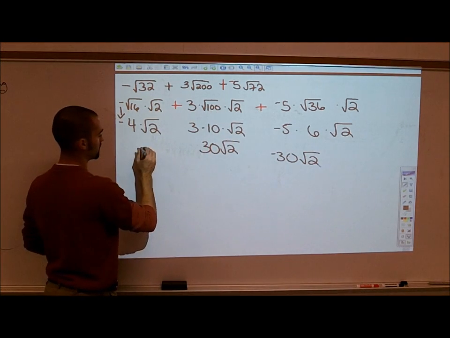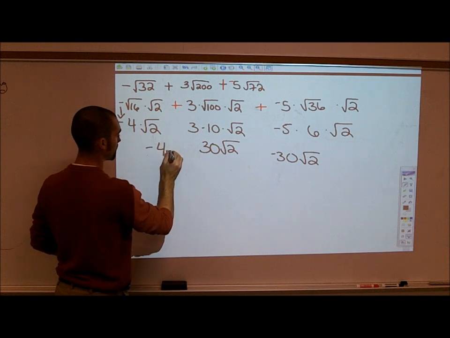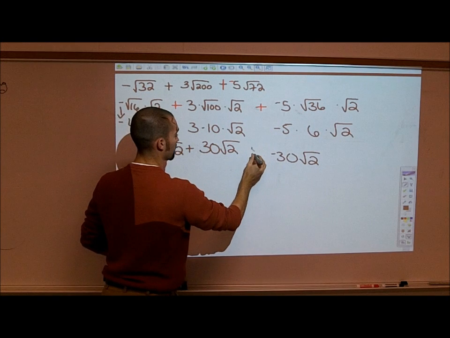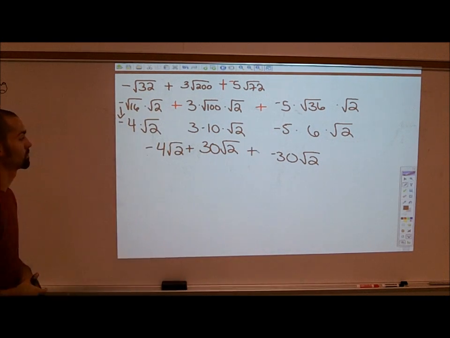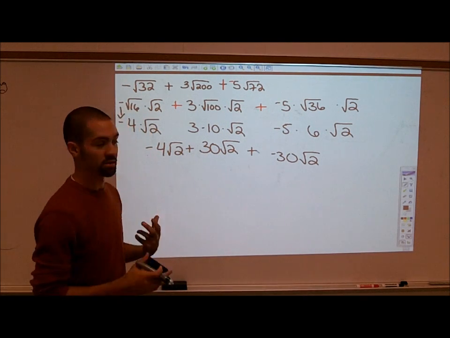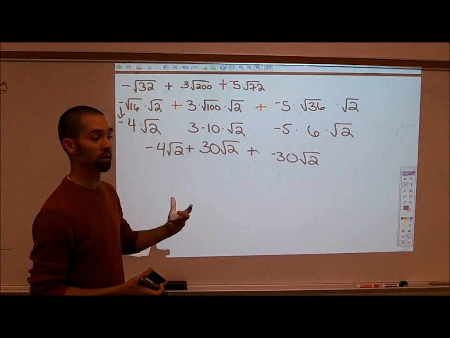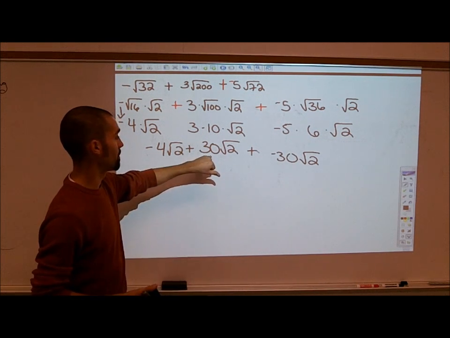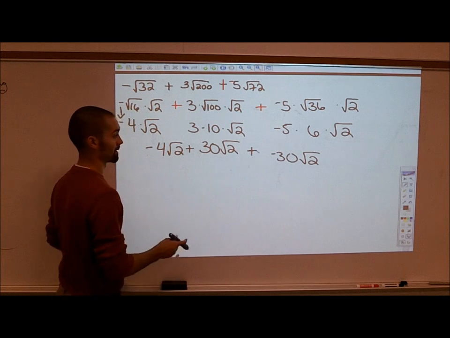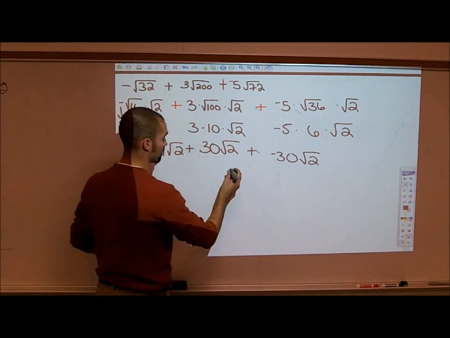So, in the end, plus here, plus there. Okay? What's great about addition is the commutative property. Doesn't matter which way you order when they're all addition. Well, if I have a positive 30 here and a negative 30 here, these two are gonna cancel each other out. Okay?